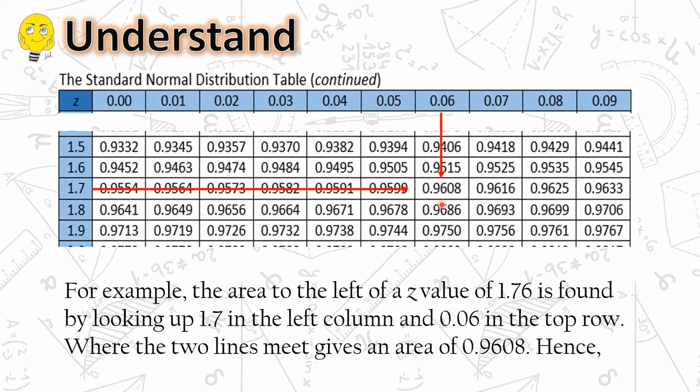Hence, the area to the left of z-value equal to 1.76 is 0.9608, or we say 96.08% of the area is to the left of z equals 1.76.